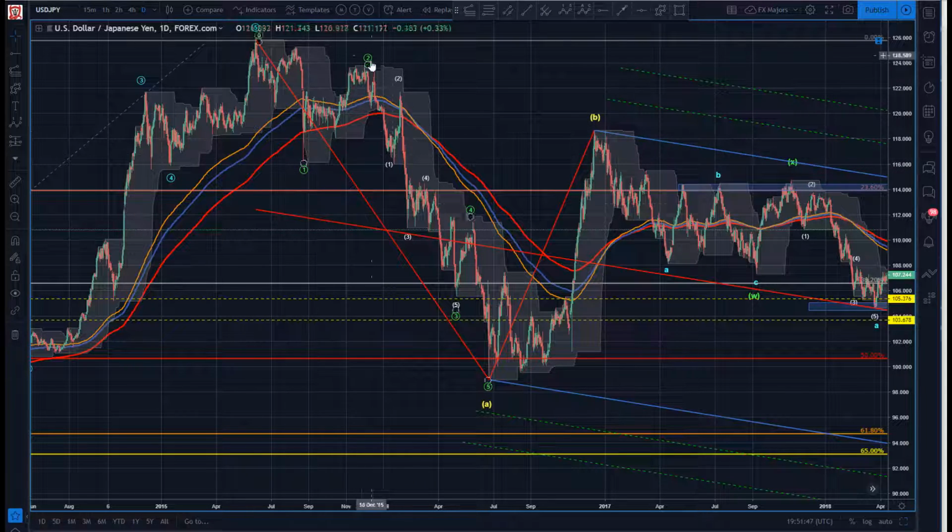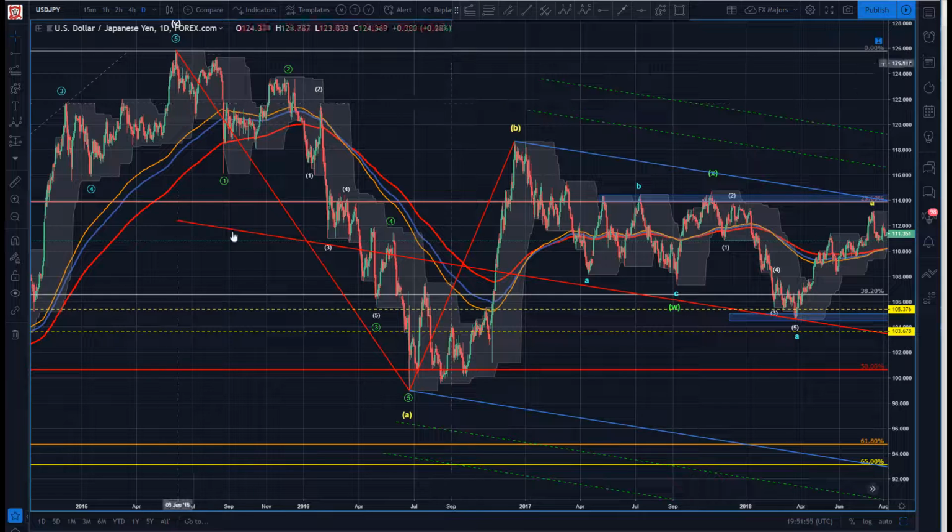So you might have been thinking A, B, C, you might be down here, but with the extension that we get here working backwards, it's very hard to get to anything other than this as a completed impulse here. So the 4, assuming the 4 is correctly identified, there's a couple of different ways you could read this. You've got 5 here.